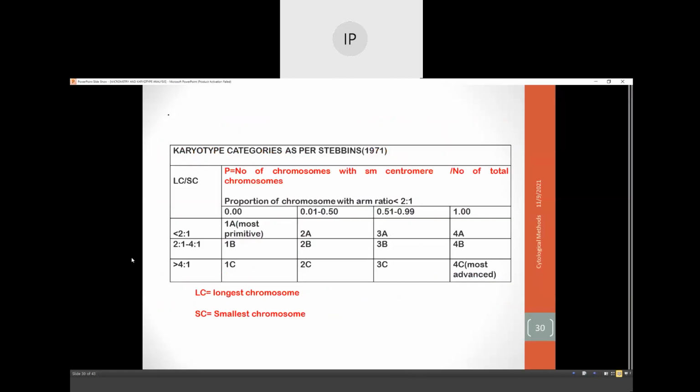Now this table shows the karyotype categories, that is 1A, 2A, 3A, 4A, 1B, 2B, 3B, 4B, 1C, 2C, 3C, 4C, depending on the longest to shortest chromosome ratio and also on the proportion of chromosomes with arm ratio less than 2:1 in the centromeric position. In this, 1A is the most primitive and 4C is the most advanced.